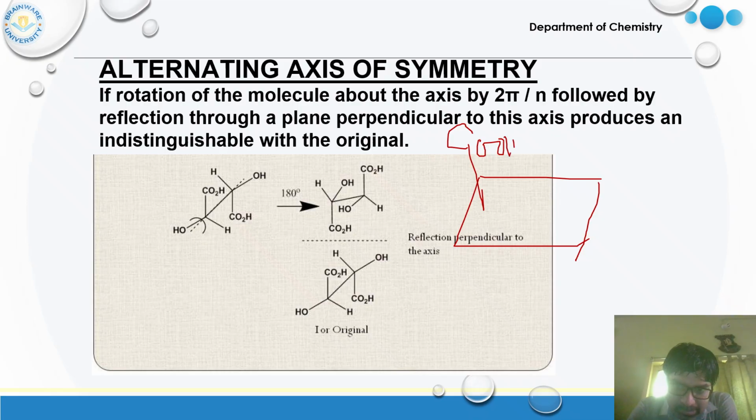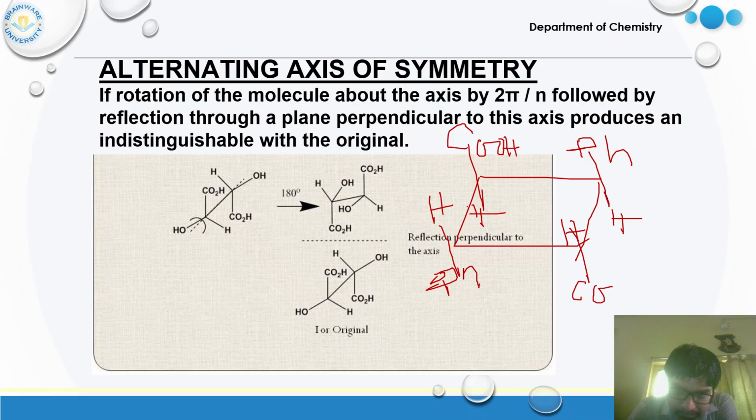COOH, pH, H, pH, H, COOH. Now we rotate the molecule 180 degrees along the axis. So if we rotate the molecule along the axis, what happens?